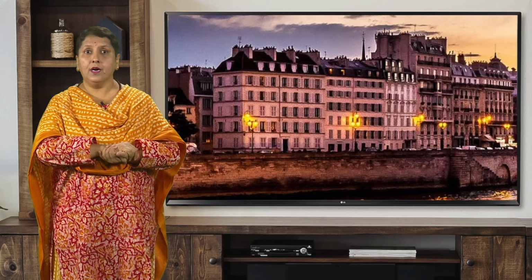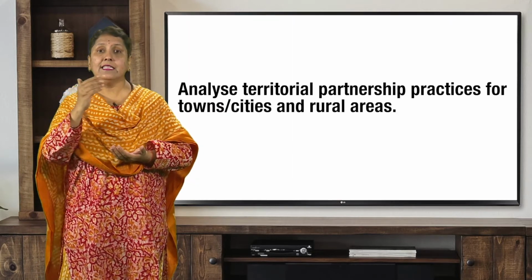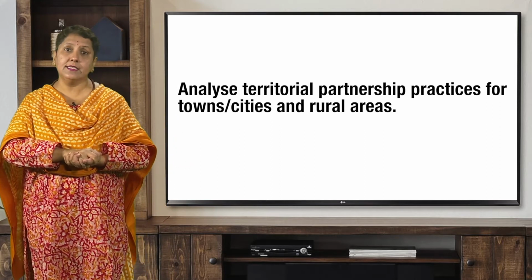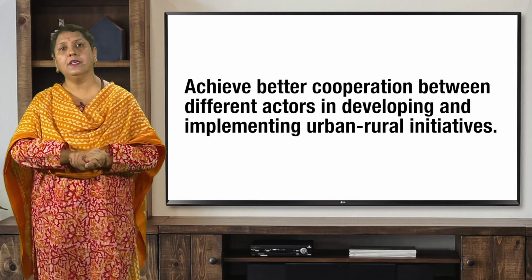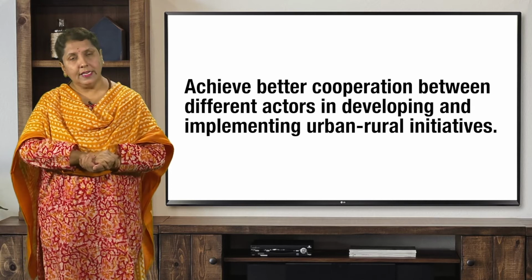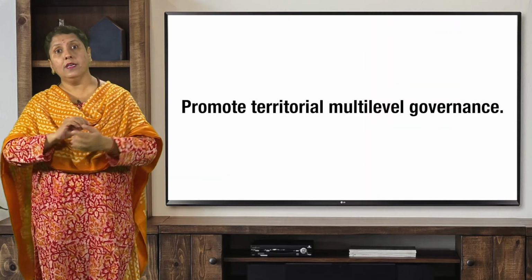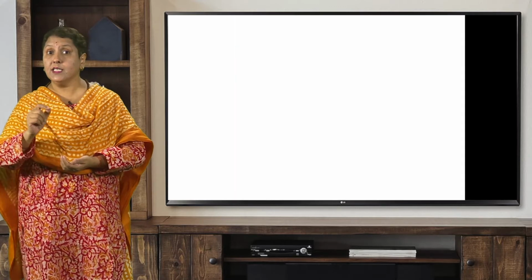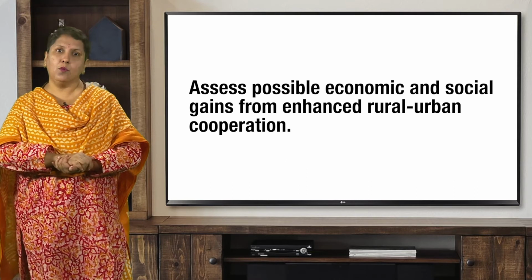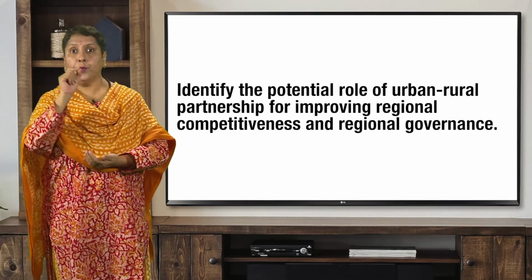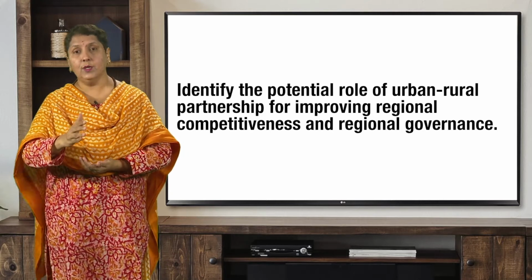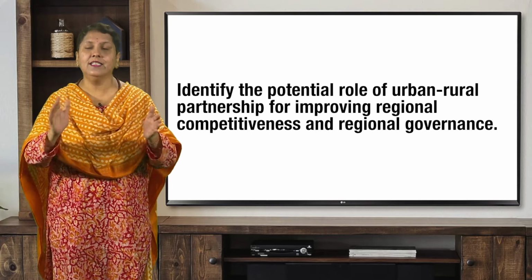In Europe, URBAN aims to analyze the territorial partnership practices for towns, cities and rural areas, achieve better cooperation between different actors in developing and implementing urban-rural initiatives, promote territorial multi-level governance, assess possible economic and social gains from enhanced rural-urban cooperation, and identify the potential role of urban-rural partnership for improving regional competitiveness and regional governance.